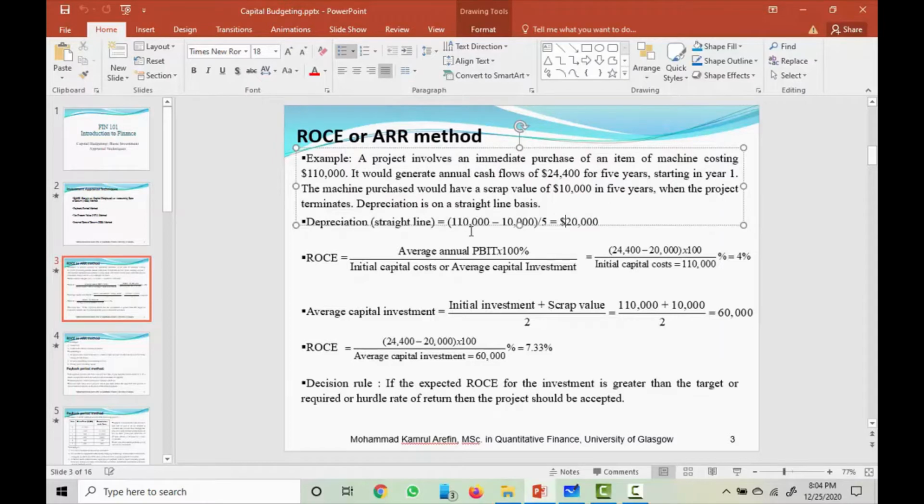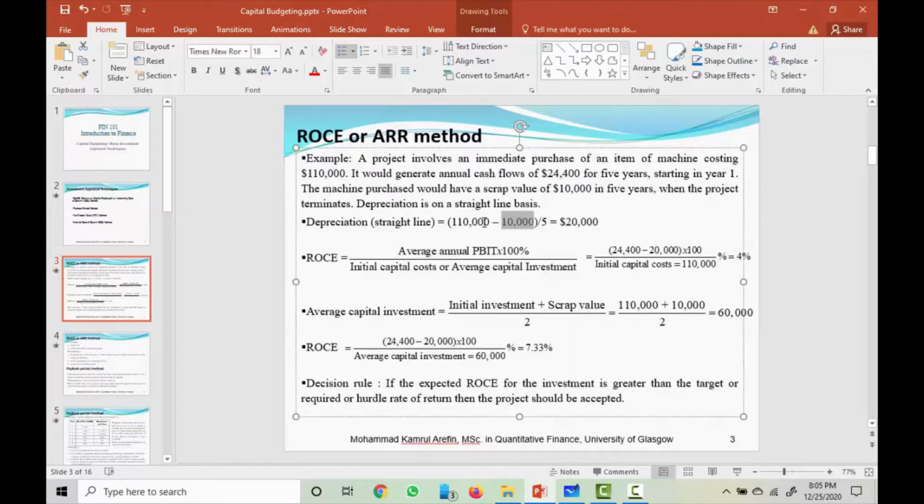Initially you purchased the machine at the price of $110,000, and after 5 years the machine will have a scrap value of $10,000.